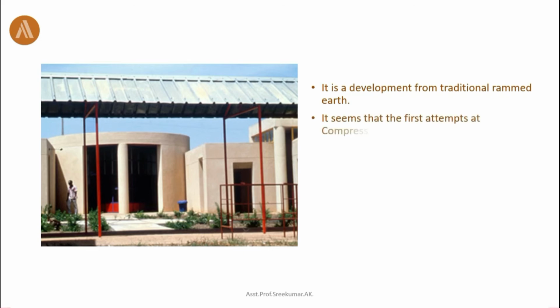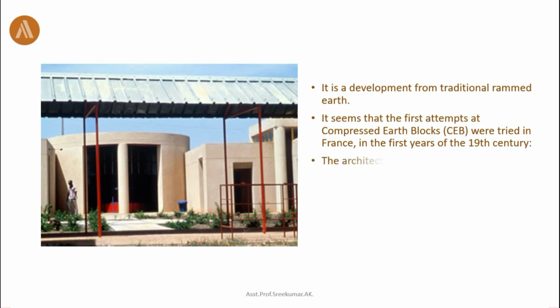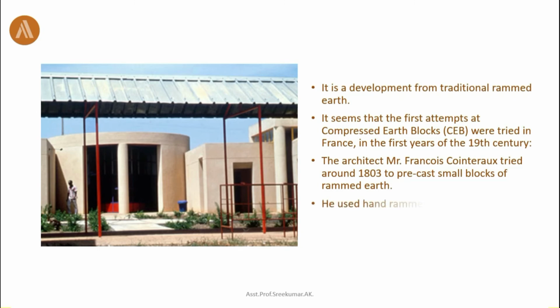It seems that the first attempts at compressed earth blocks were tried in France in the first years of the 19th century. The architect Mr. Francois Cointeraux tried around 1803 to precast small blocks of rammed earth.